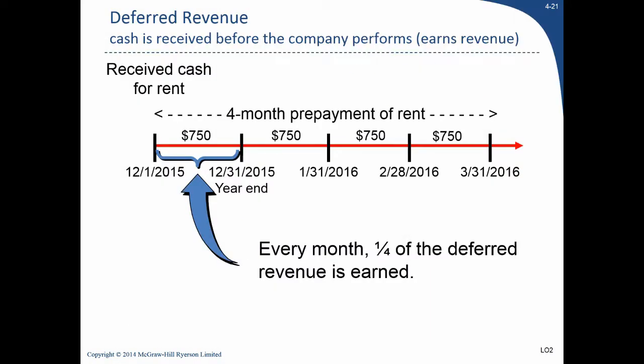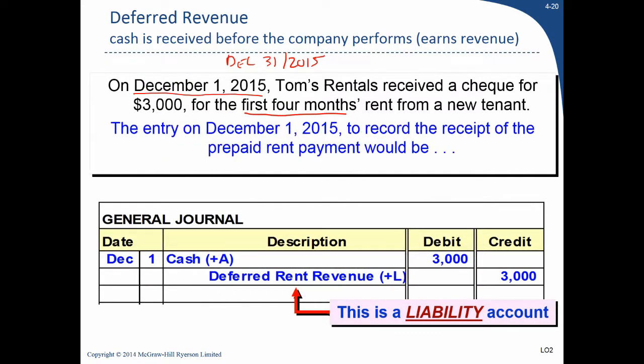If, let's say, this transaction occurred on December 31st, our unadjusted trial balance, before we make any adjusting journal entries, is going to show $3,000 deferred rent revenue. But in this case, there's no adjusting entry needed because time hasn't passed, right? So it's very important you understand when the transaction was made, where are we today, right? And what does that mean? What does that passage of time mean?